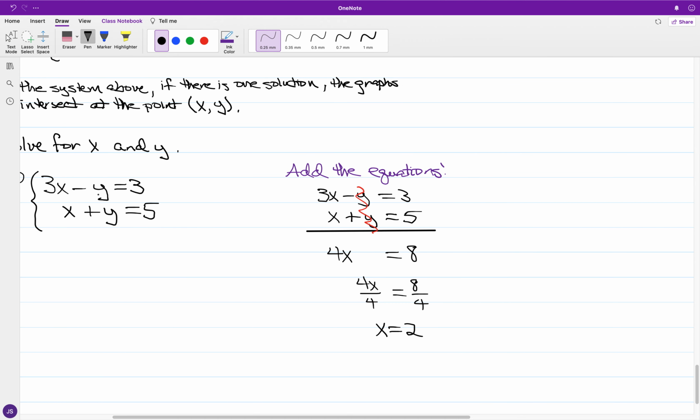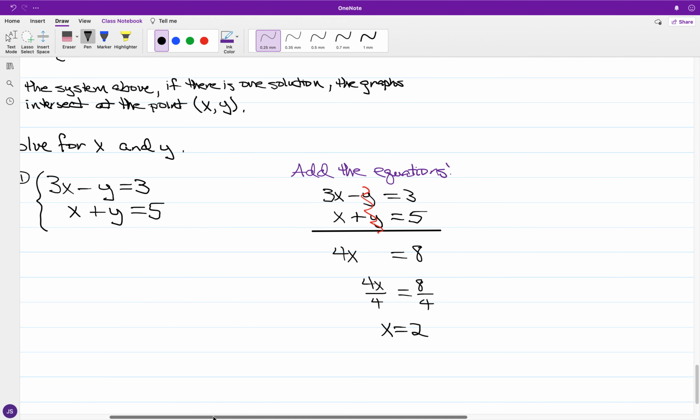What I can do is use either of these two equations. So I can just plug in 2 for x in either equation.